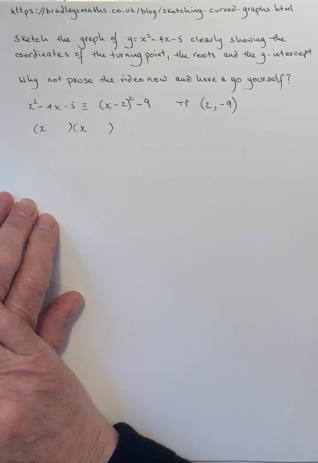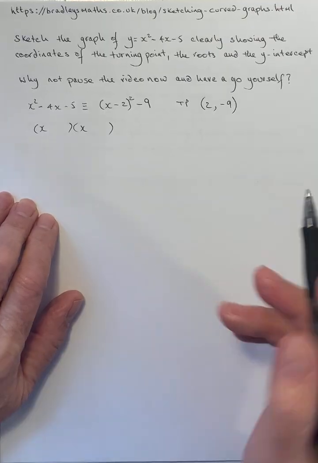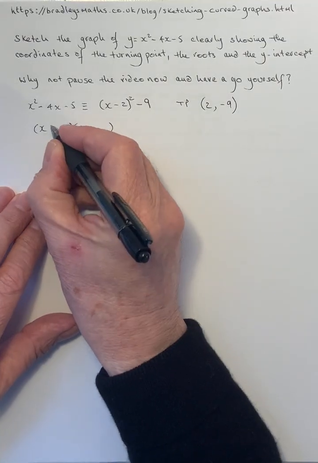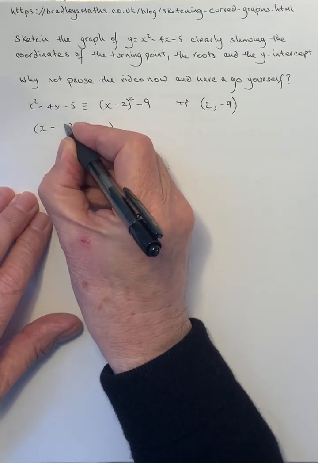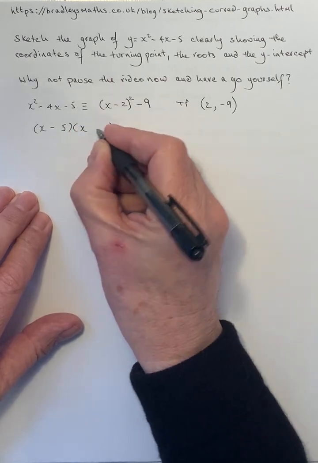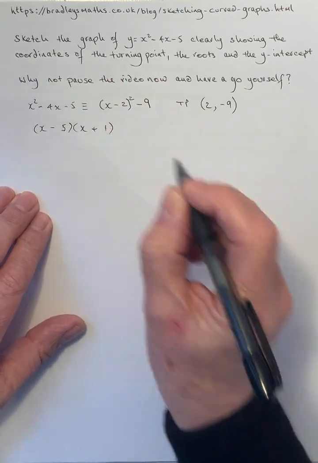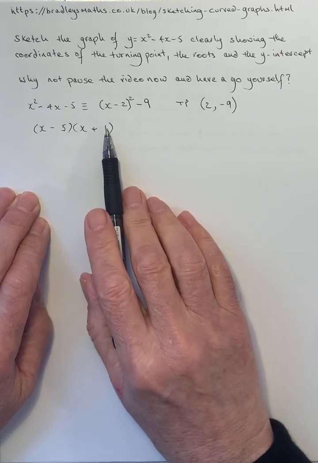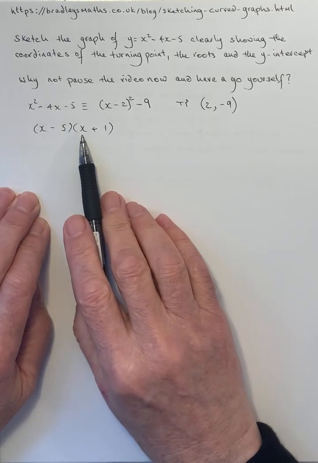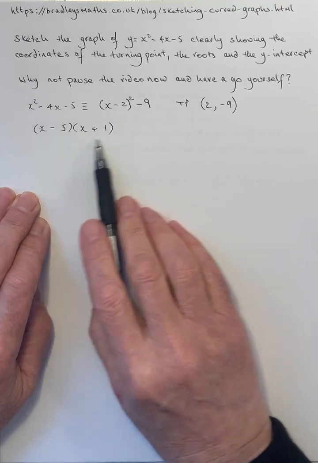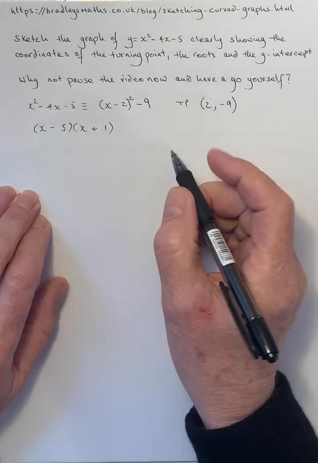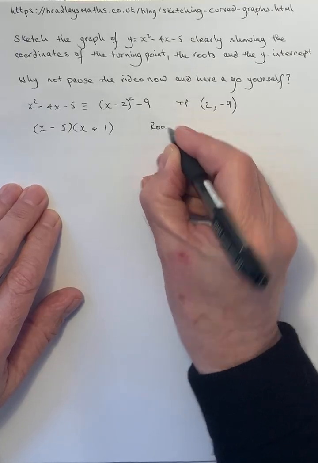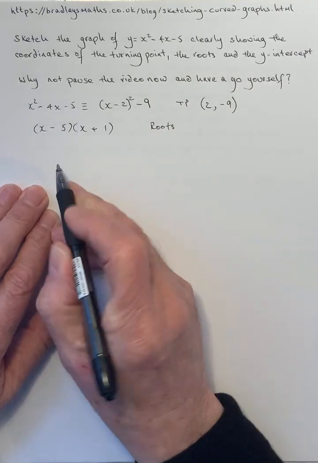So one of them must be 1 and the other must be 5. One of them must be negative and one of them must be positive, and in fact it's x minus 5, x plus 1, because x squared minus 5x plus x is minus 4x, minus 5.